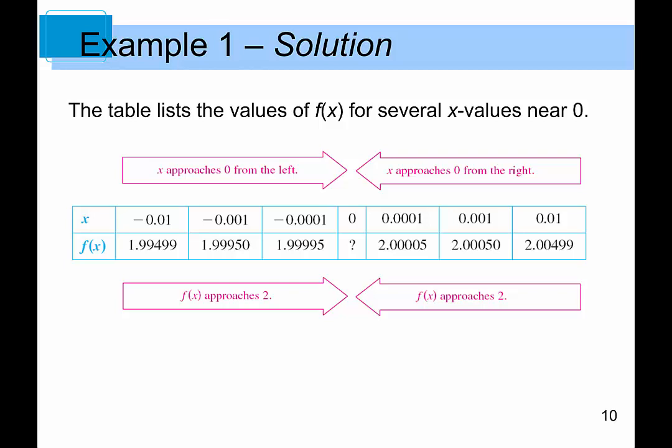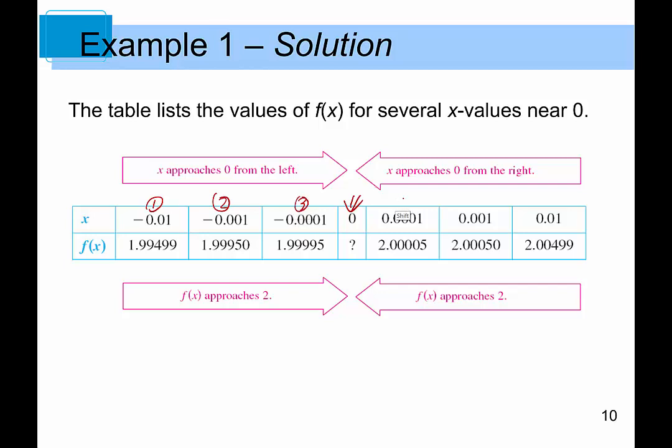Pick some values from the left-hand side of 0, starting with negative 0.01, then negative 0.001, and the third one is negative 0.0001, and 0. That's what we are looking for an answer to. And we pick 0.0001, 0.001, and 0.01.